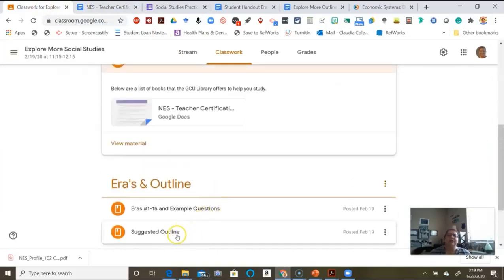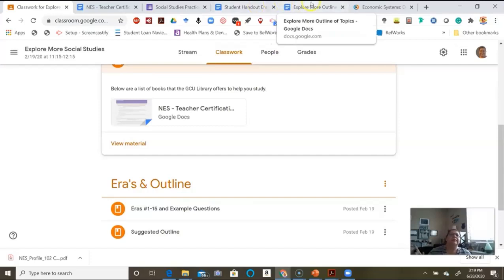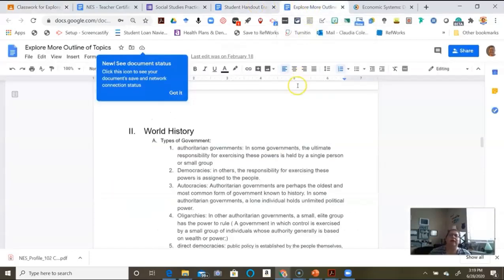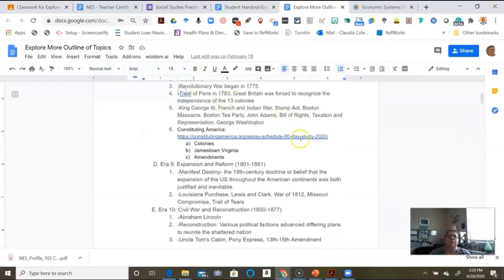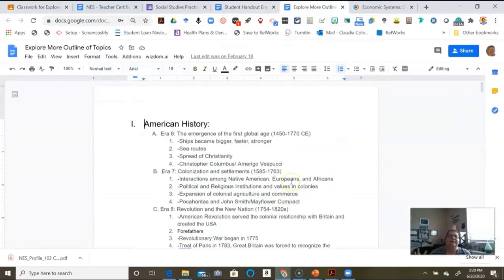anything else, suggested outline? Oh, I should show you the suggested outline. So I created an outline, the Explore More outline, where I broke it down with the eras, but I think it's a little bit better for how our eras go into the actual Explore More.